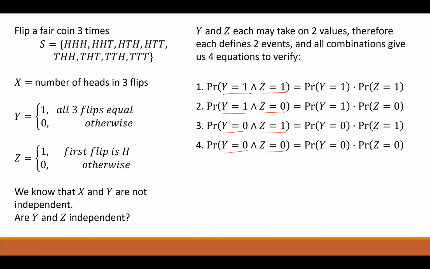And for all of those pairs, I have to show that these are true if I want to show that they're independent, or I need to find one for which it's not true to show that they're not independent. So since we don't really seem to have any good intuition as to why they might not be independent, we can start proving them. Questions so far?